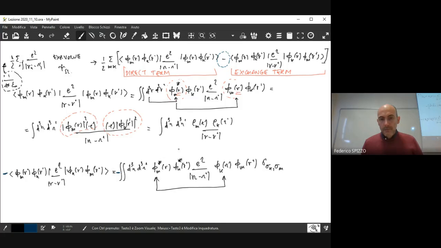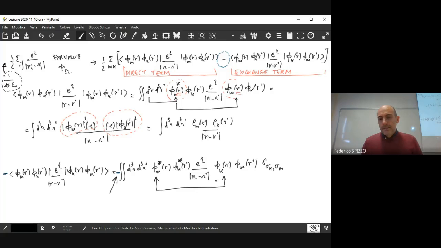So this term is more complex than the other one and, in general, contributes to a reduction of the energy of the system. The main source of this term, the physical origin of this term, is always the Coulombian interaction, because here we have the interaction potential that we have in the Coulombian interaction.